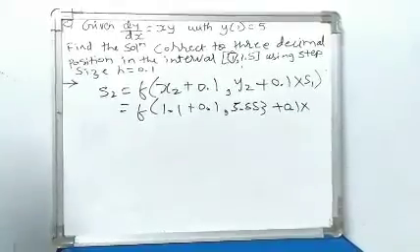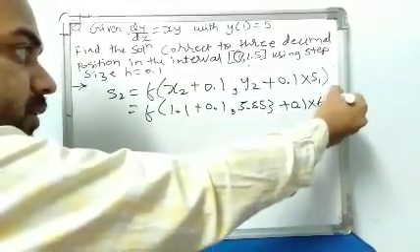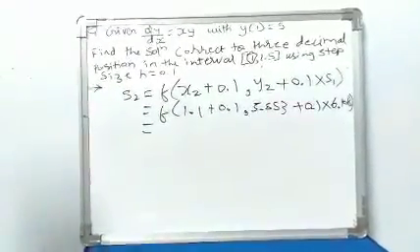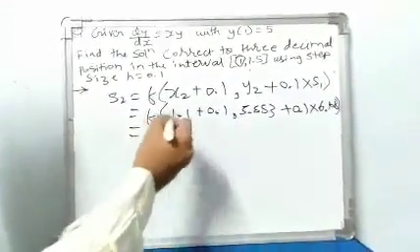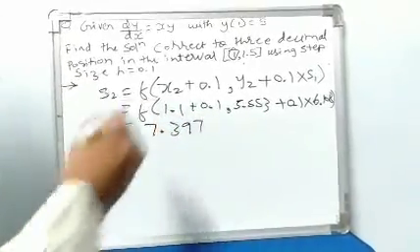What is the value of s1? That is 6.108. So finally we get the answer, that is 7.397.